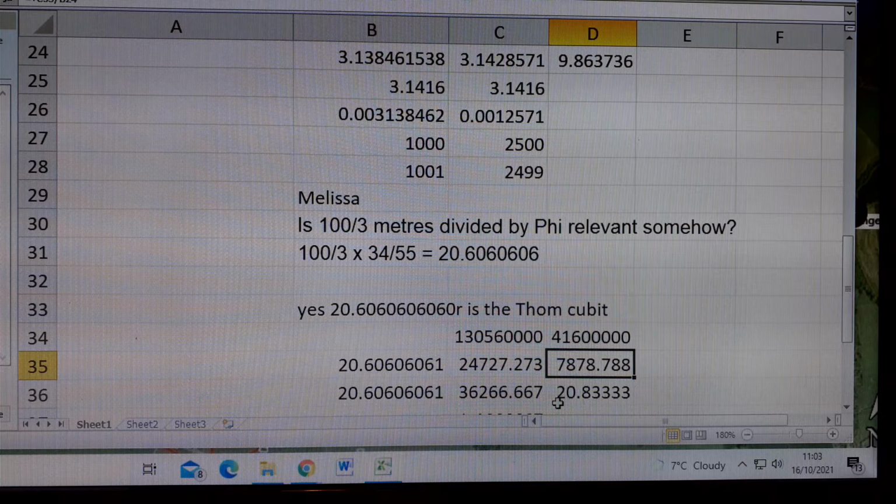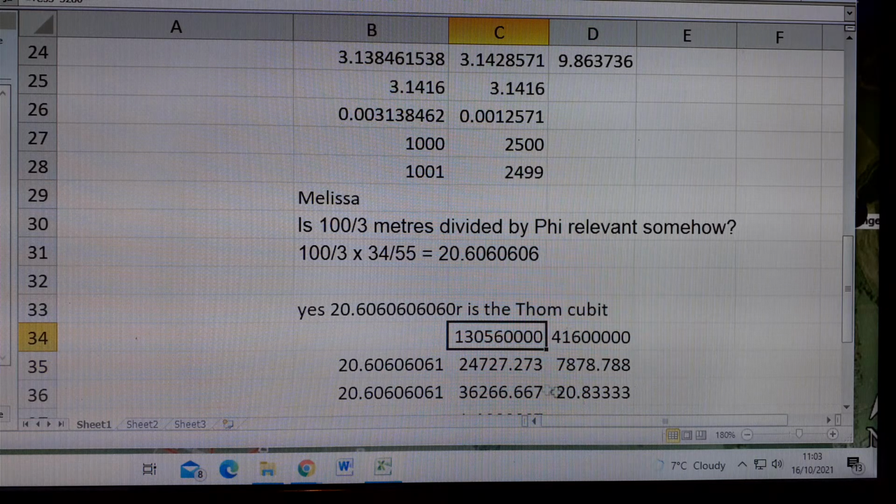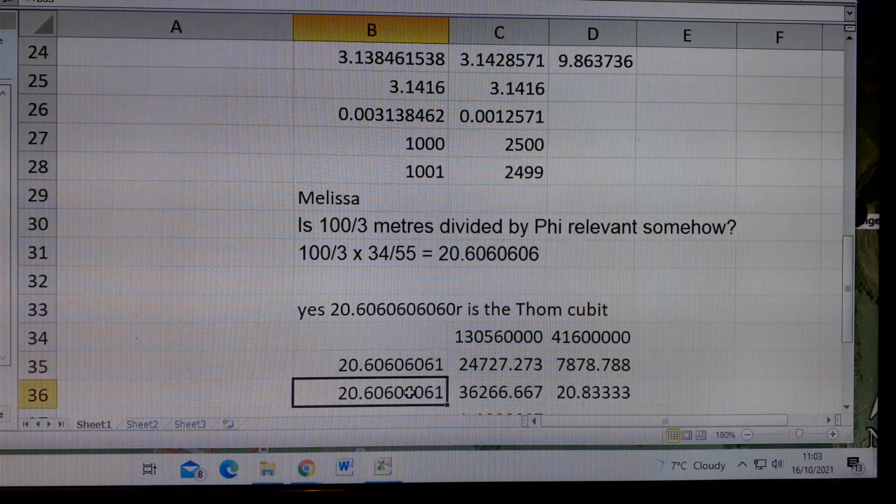There's no decimal points. It's just a perfect unit using Thom's pi against that version of the great circle there. So everything's stacking up using this unit. It works as Thom's cubit.